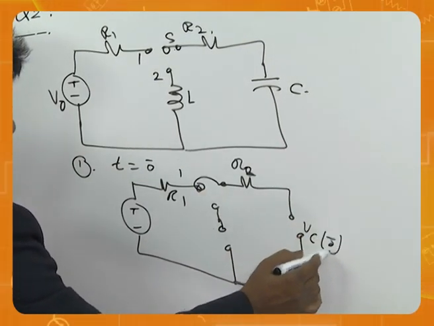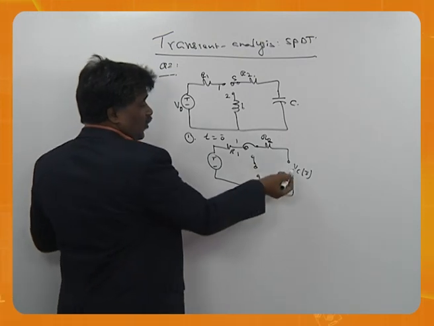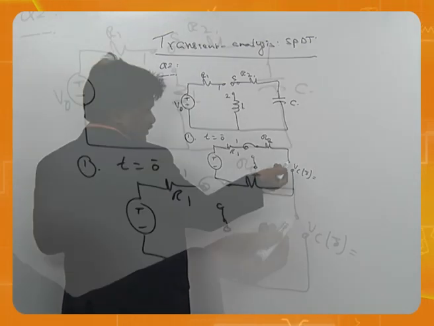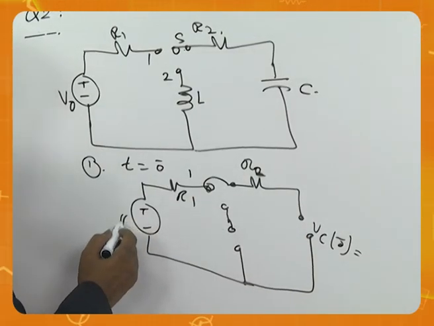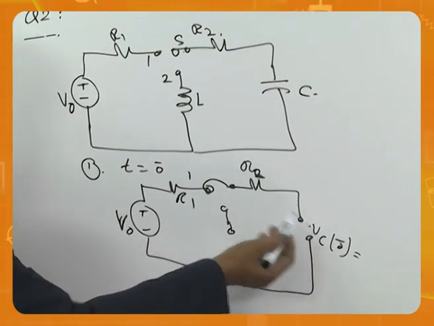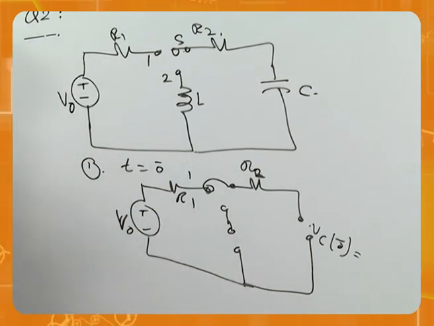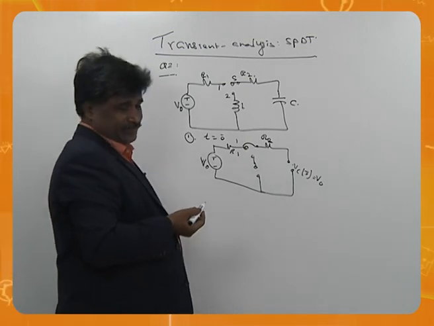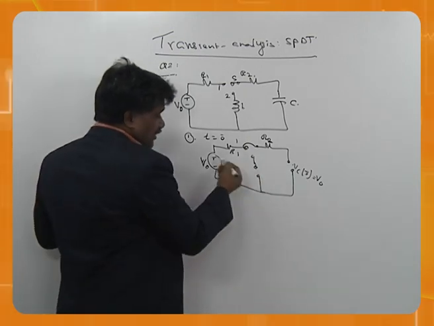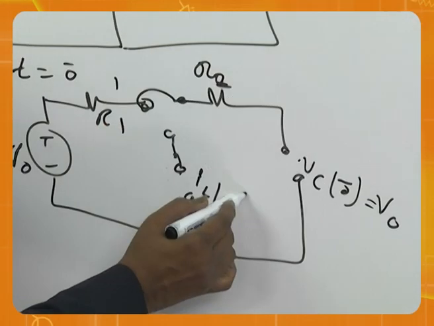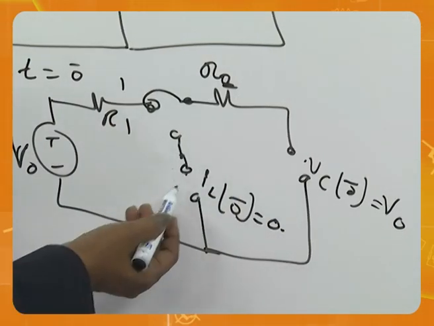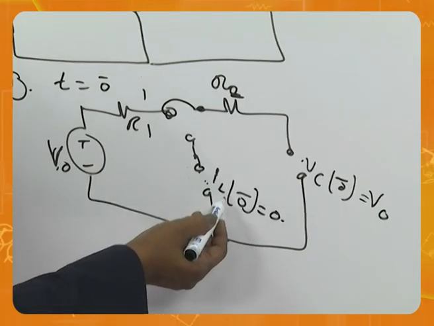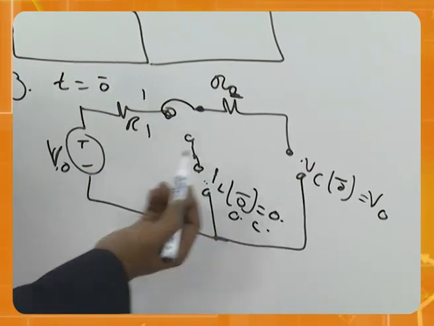Now we are all trying to understand how much this voltage is. Can you guess? This is not connected to the supply for a long time. If this is connected to the supply for a long time, it has fully charged. V0 comes there. Then this is not connected. Therefore, the inductor current is 0. The inductor is not connected to the supply, so it could not develop any current. No current means open circuit.